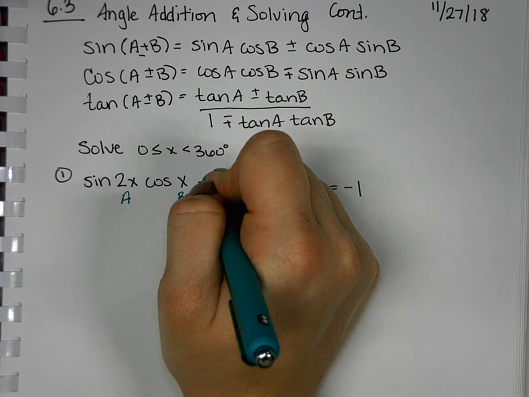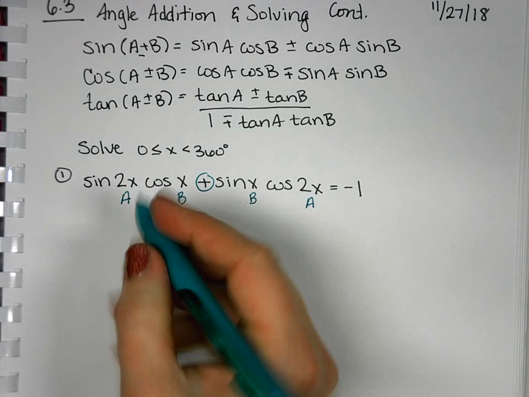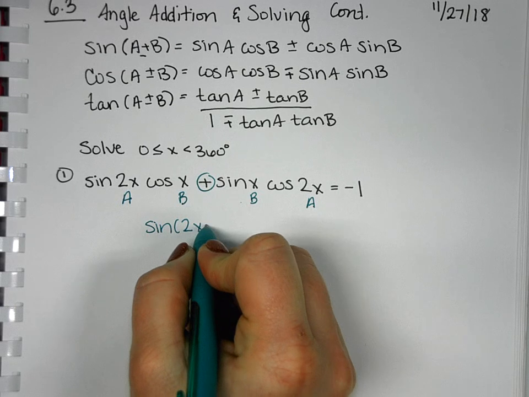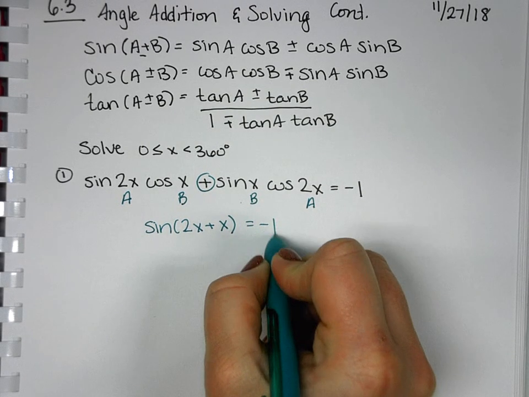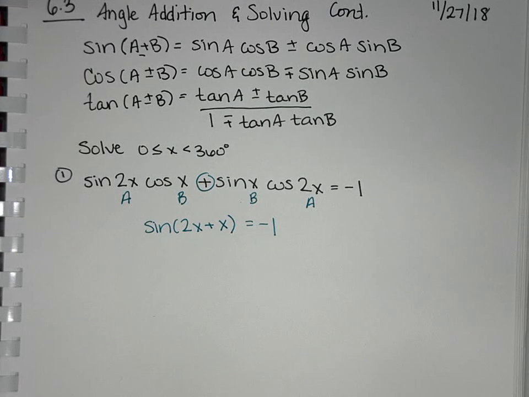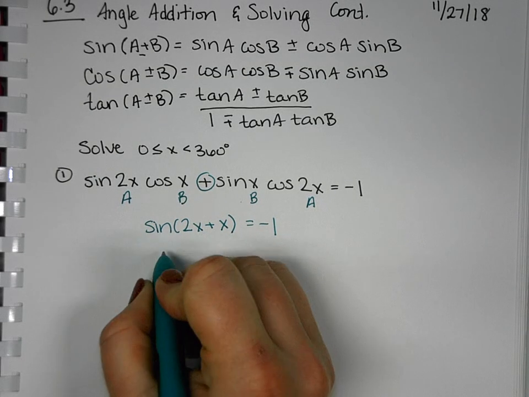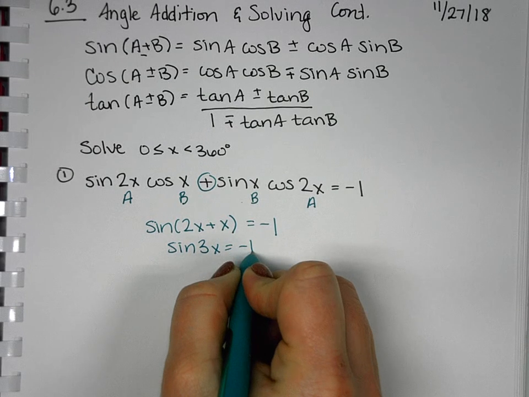And so using the plus sign, I know that I can change this whole expression here to sine A plus B. So now I have something that's condensed into a much simpler looking version. So when I actually add these together, I end up with sine 3x equals -1.